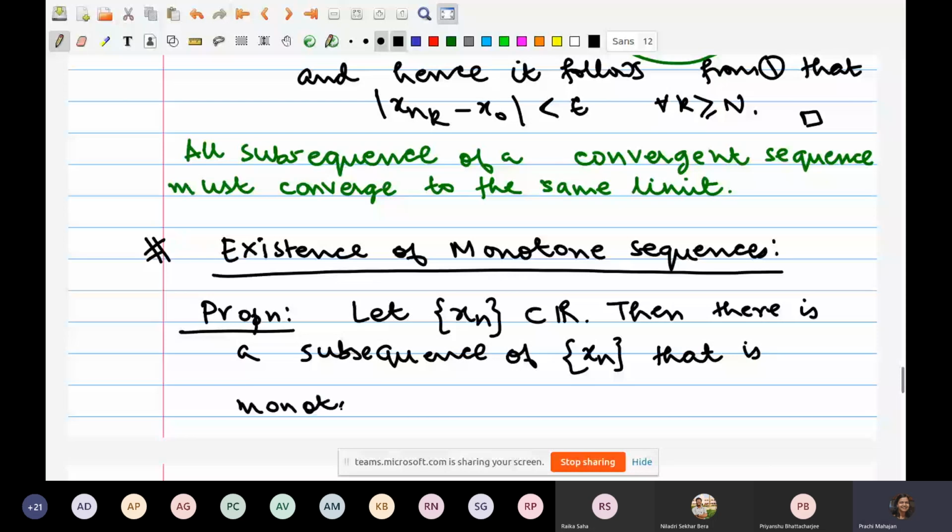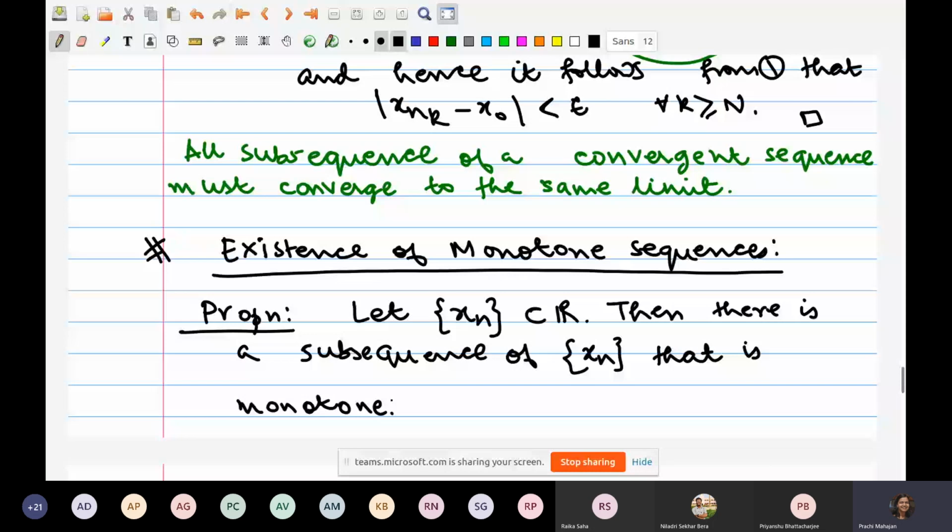So what are we trying to say here? That every real sequence admits a monotone subsequence, that is, a subsequence that is either monotonically increasing or monotonically decreasing.